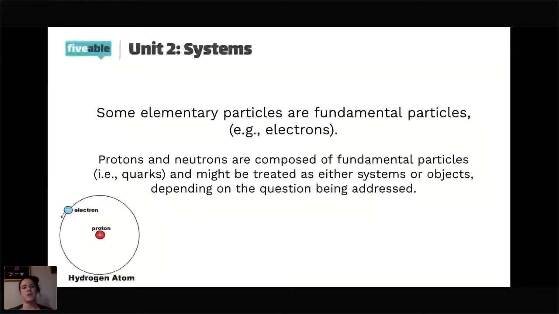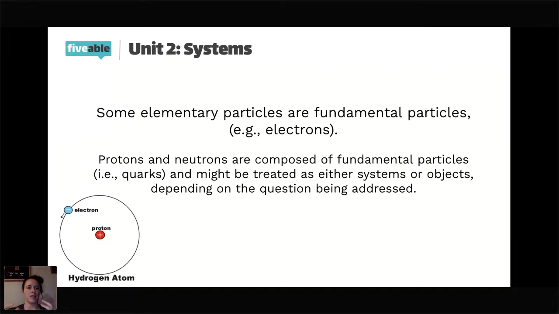We care about what the proton is doing. So when you're looking at a problem, you want to identify the system that's going to allow you to do what they're asking.